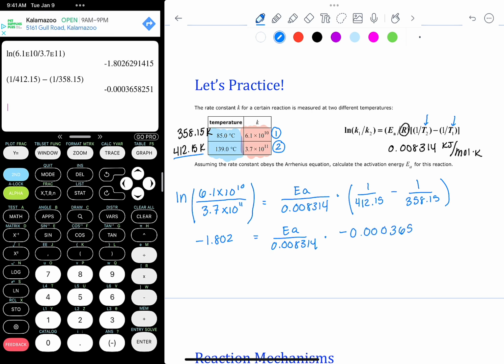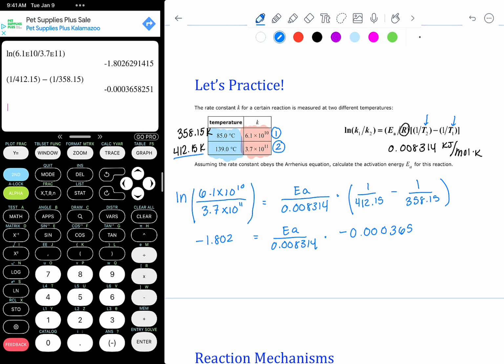Now again, it is very important that you put in the correct temperatures in the correct spots, because this negative and that negative will end up canceling. And if you put them in the wrong position, they would not be negative. There wouldn't be the negative on the temperature. And then you would have a negative activation energy, which you can't have. So just make sure you're plugging everything in correctly.